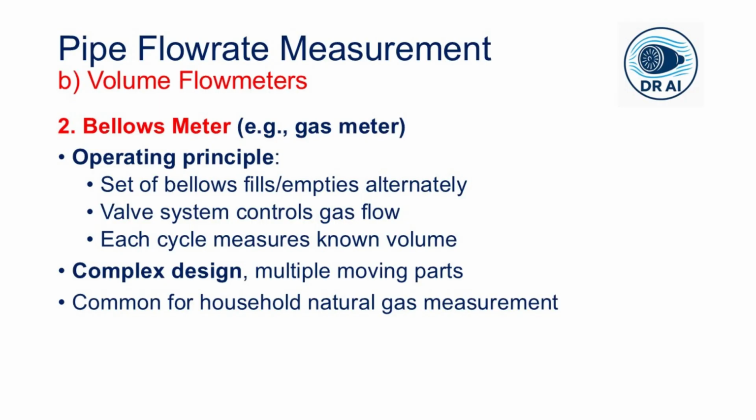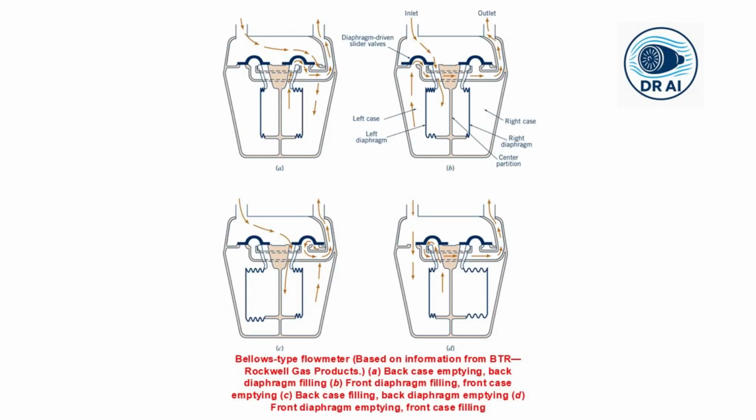Inside the meter, there are two flexible bellows, like accordion folds. A set of valves directs the flow of gas alternately into and out of these bellows. Now look at this sequence in this accompanying figure. In part A, one bellows is filling, the other is emptying.